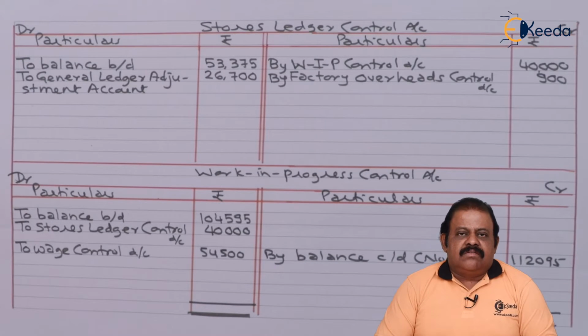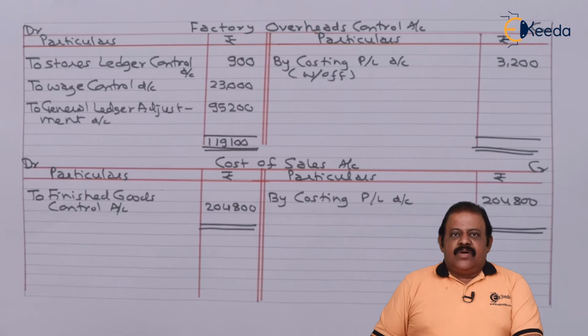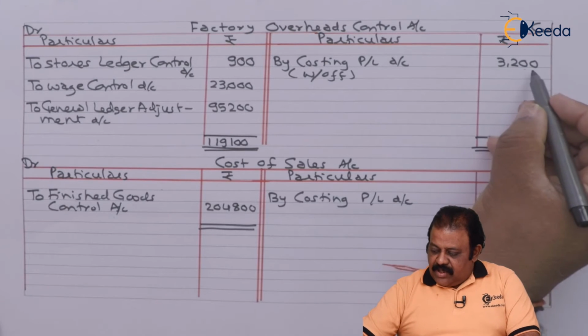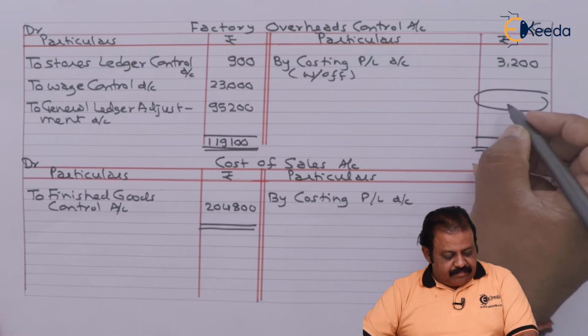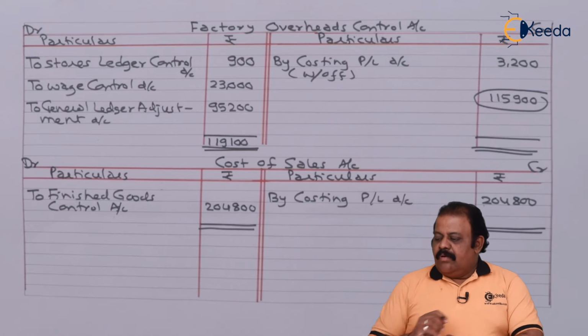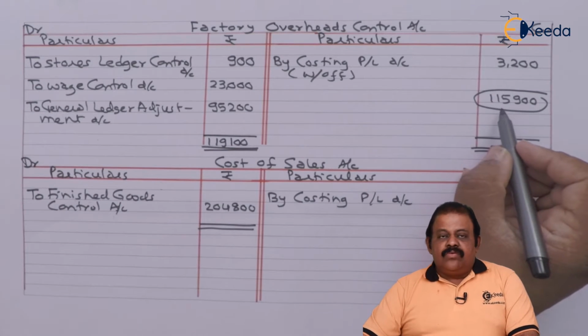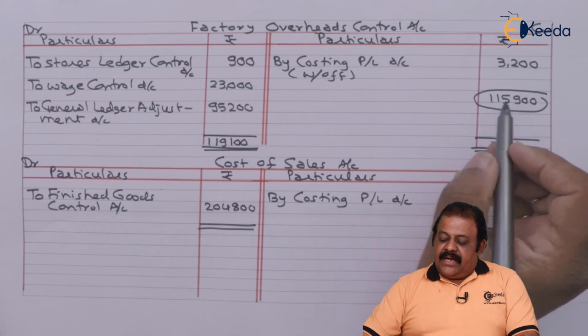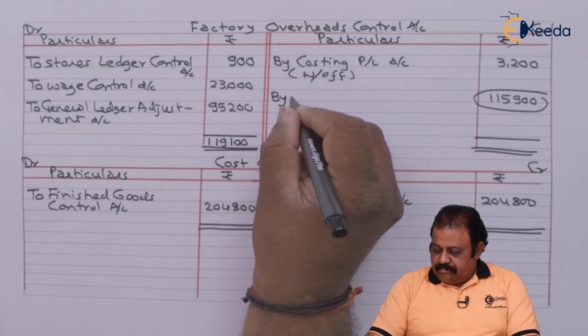Let us close all ledger accounts one by one. Let us close factory overheads control account, 1,19,100 minus 3,200. We get balancing figure 1,15,900. This is an amount which is appropriated from factory overheads to work in progress.